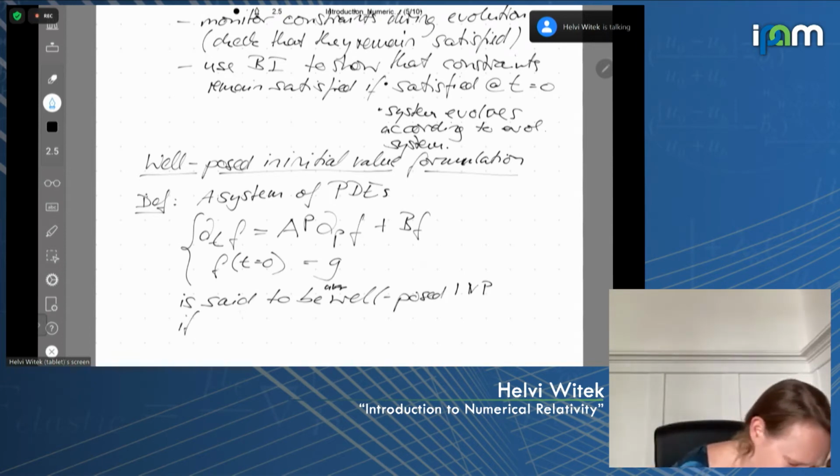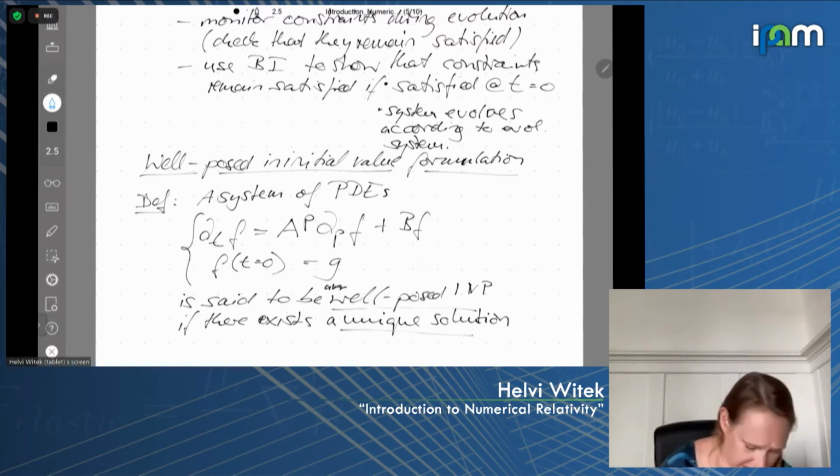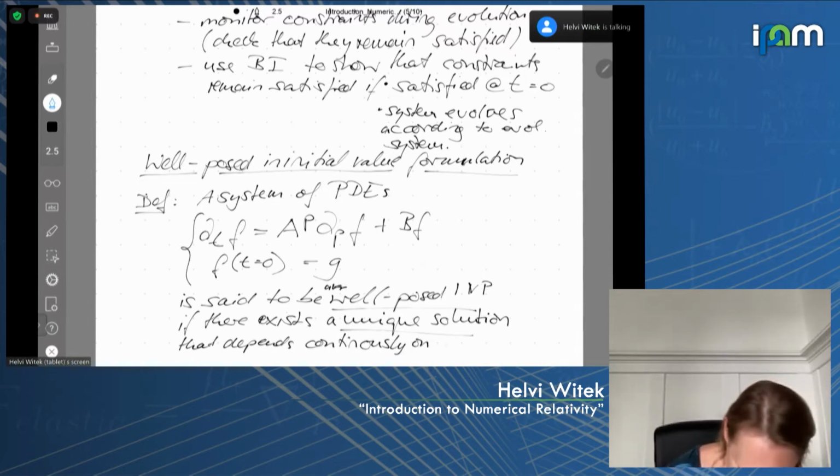If there exists a unique solution that depends continuously on the initial data. And actually, to be more precise, smooth initial data.